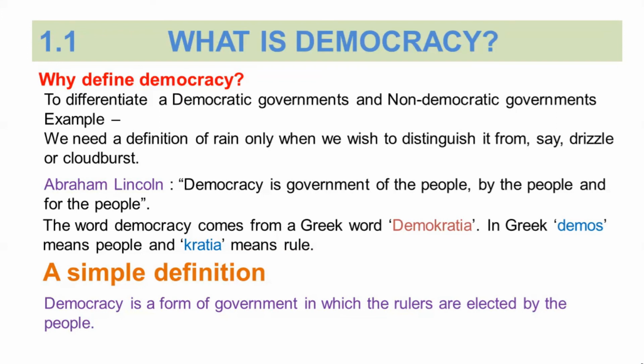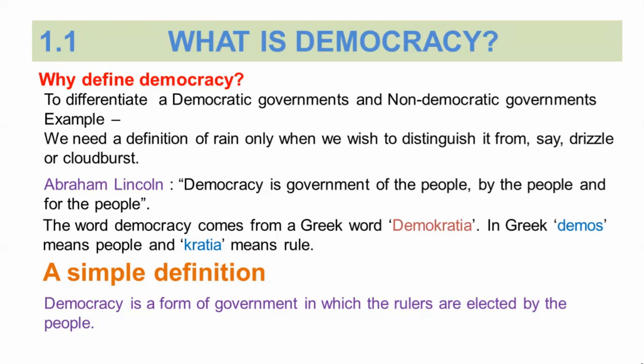This simple definition is not adequate. It reminds us that democracy is people's rule. But if we use this definition in an unthinking manner, we would end up calling almost every government that holds an election a democracy. That would be very misleading. Every government in the contemporary world wants to be called a democracy, even if it is not so.